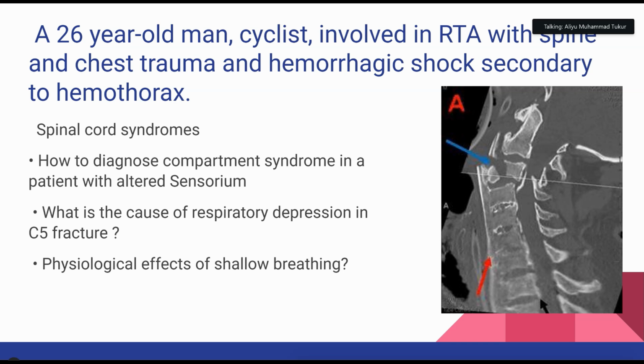It could also be an associated lung condition. It could also be from phrenic nerve injury, because this could be from the cervical cord injury involving the region of the phrenic nerve.